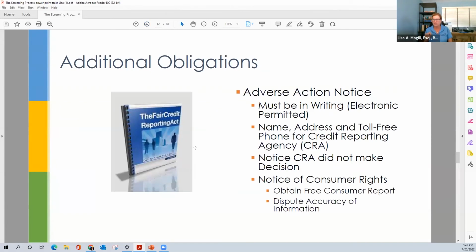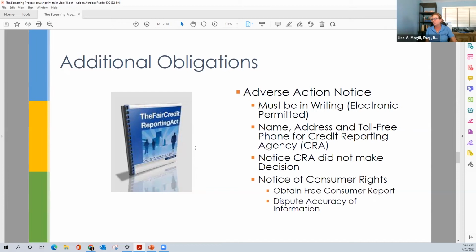But if you're basing that decision, here's where I wanted to get to, on information that was obtained in the consumer report, whether it was a criminal history report or the credit report, you are required under the Fair Credit Reporting Act to send what's called an adverse action notice. If you're using one of these screening companies that is very familiar and they do a lot of the tasks for you, I think Tenant Evaluation goes ahead and sends the adverse action notice to the parties to the transaction.